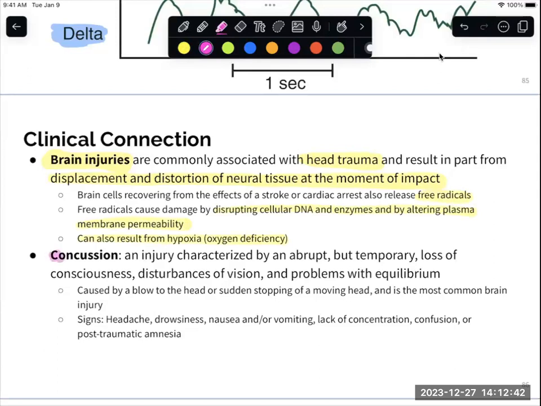A concussion is a type of brain injury. It's temporary. These people can lose consciousness. They can have disturbances in vision, and they can have problems with their equilibrium. What happens in a concussion is their brain hits up against the bone of their skull.